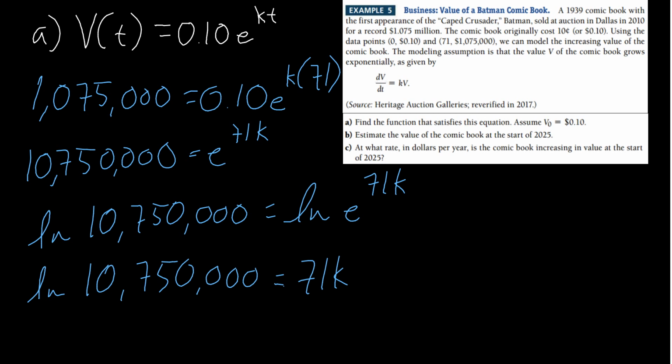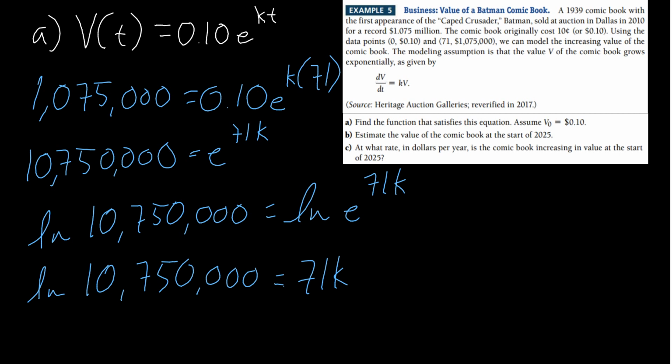Then from here we're going to divide both sides by 71. So the natural log of 10,750,000, hope that I did that right. Yeah. And then divide by 71.